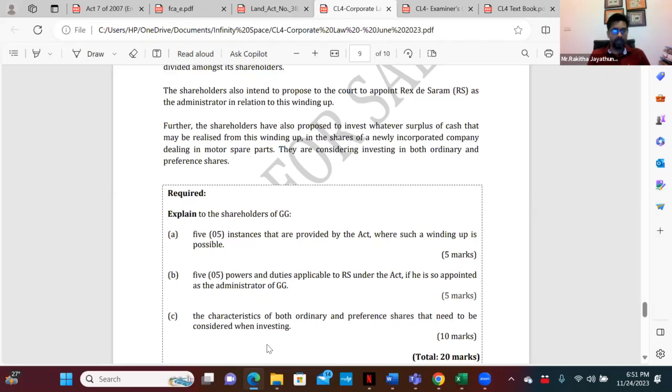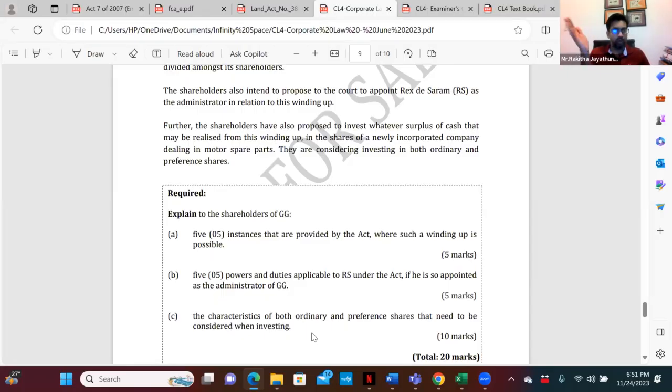Actually, as accounting students, you should be able to give a very successful answer to this area. But I must tell you, if you read the comments made by your examiner, it's extremely disappointing. It's not satisfactory according to the examiner.